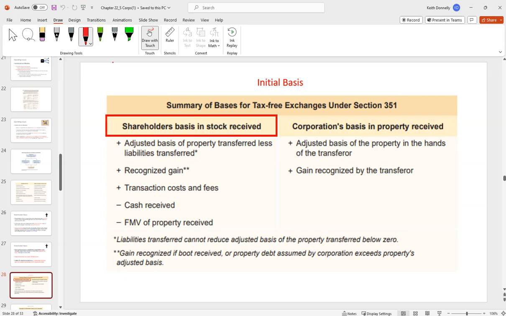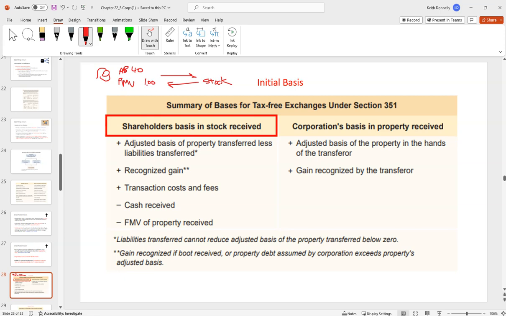By way of example, you contribute a machine whose basis is 40 and it's worth 100, and you give that machine and get your stock. This is a disposition event, so in short you should have a $60,000 gain.